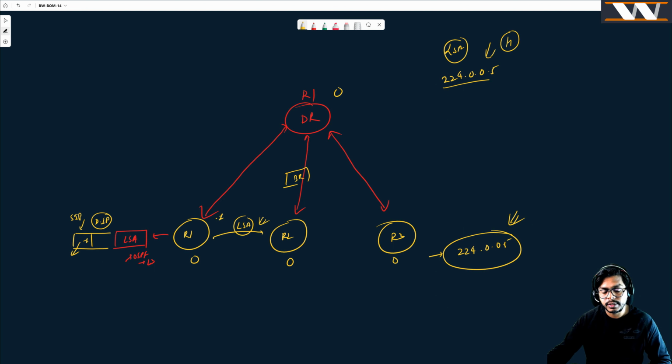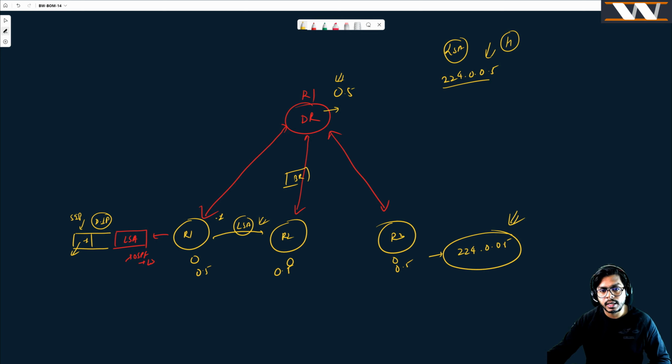Only the router which is actually responsible for distributing these LSAs should listen to them. As we all know, every router is listening at the 224.0.0.5 multicast address, including this guy. Although it is a DR, at the end of the day it is running OSPF, so it is listening on 224.0.0.5, but I have made it special.